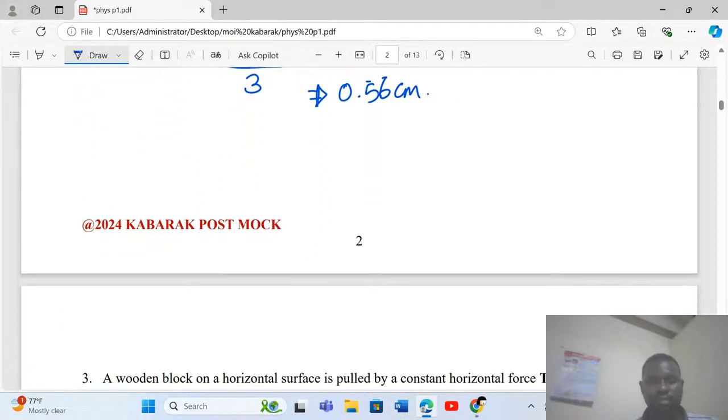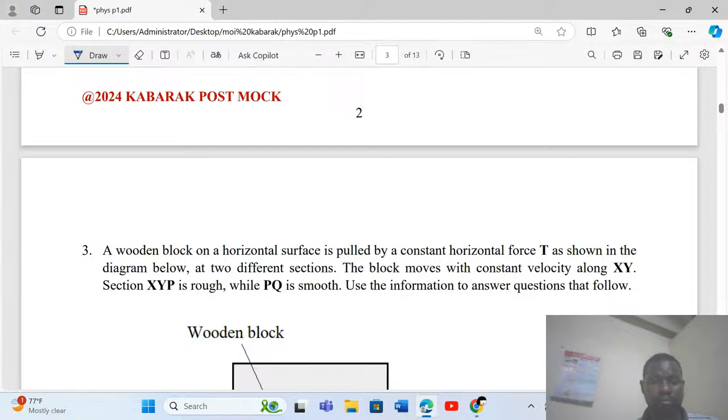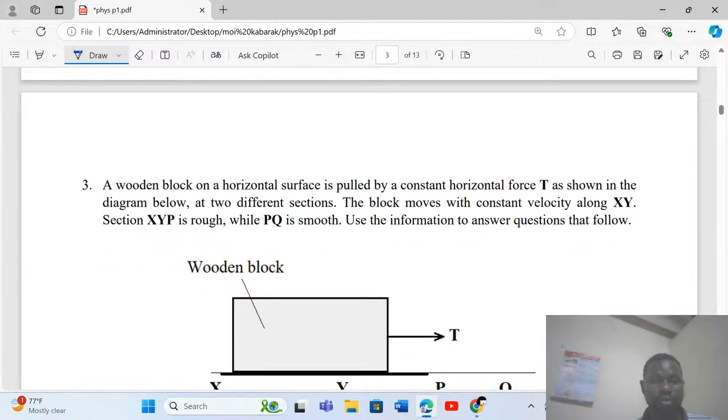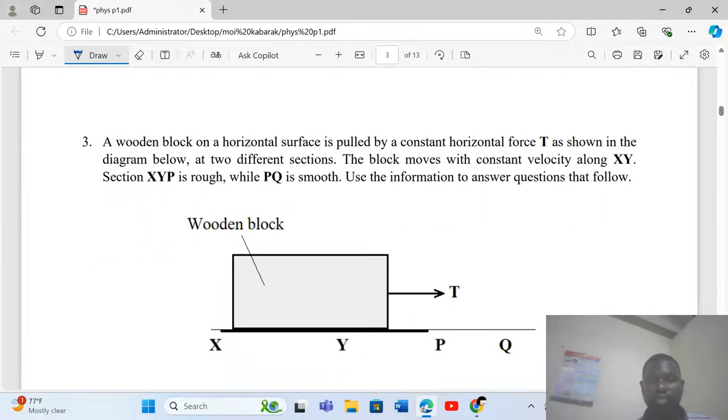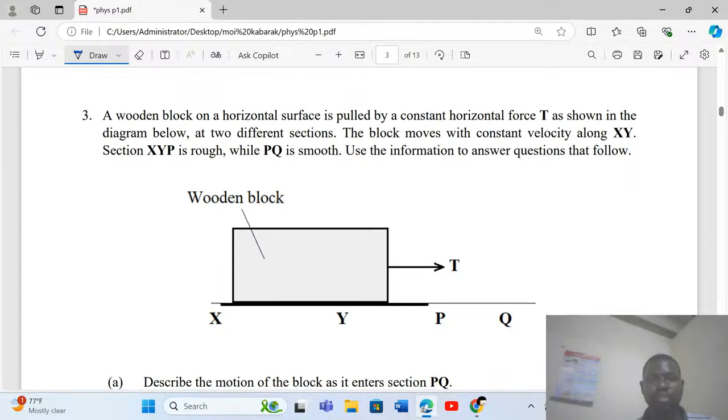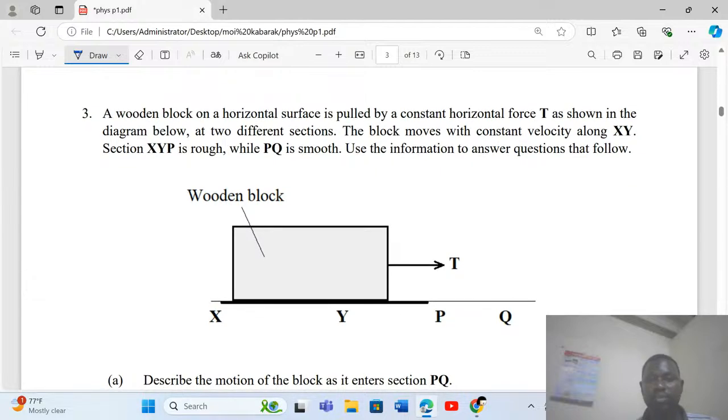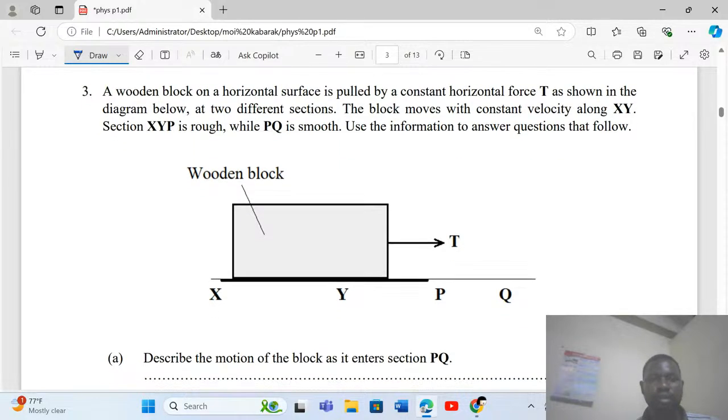The next question. We are told that a wooden block on a horizontal surface is pulled by a constant horizontal force T, as shown in the diagram. At two different sections, the block moves with constant velocities along XY.